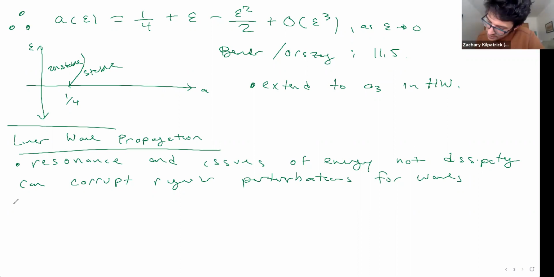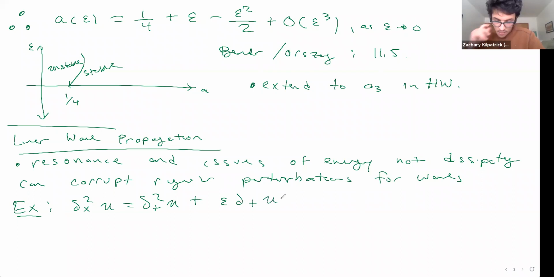Okay, so for instance, let's consider the example of a wave equation with a weak damping term in the time derivative that lives on the real line.